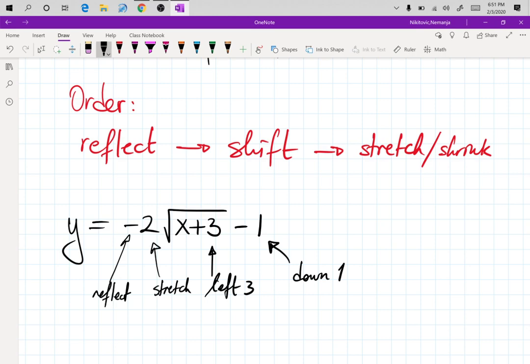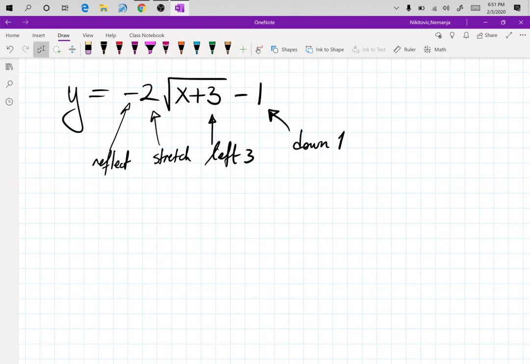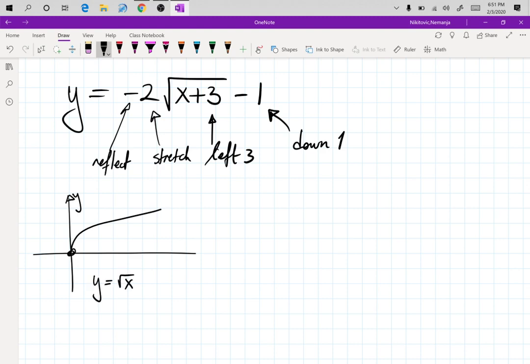And now we can build our function, right, in those boxes which I mentioned before. The parent function here is square root of x. So that's y equals square root of x. There will be a line on which you get to write what is the function on the picture.